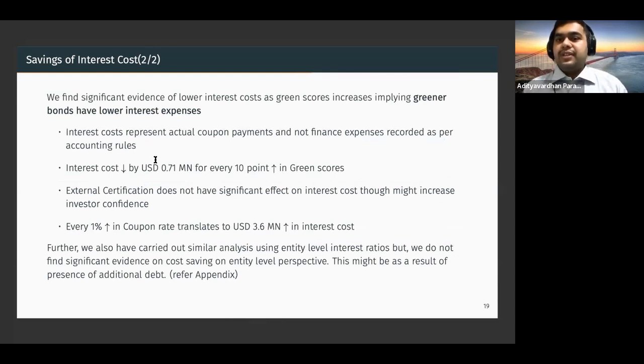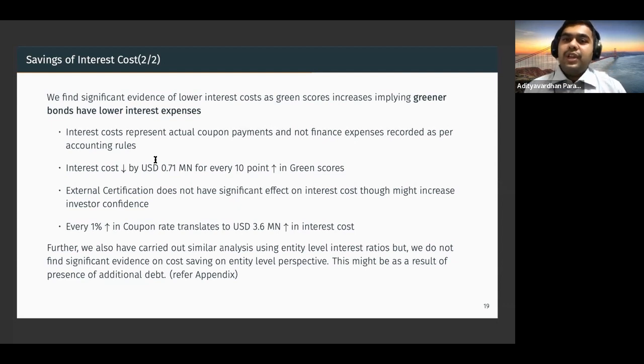An important point in this specification is that this analysis is done on an individual bond level basis. We have not taken the interest cost faced by the entity as a whole in its profit and loss account or balance sheet, but for every single bond issue. We also carried out a similar analysis on entity level ratios, which we have put in the appendix, to find whether issuing green bonds has an effect on entity level interest cost as well.